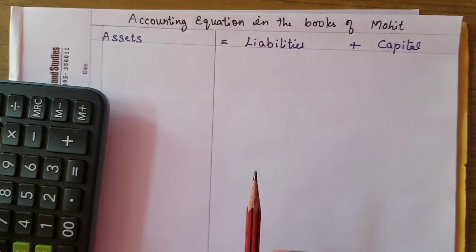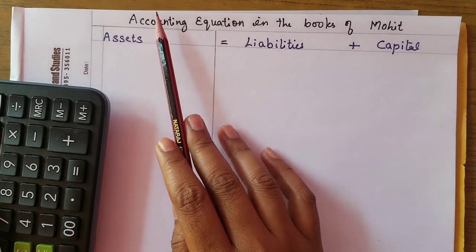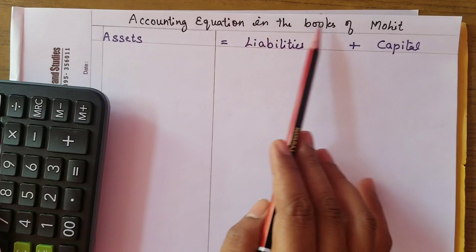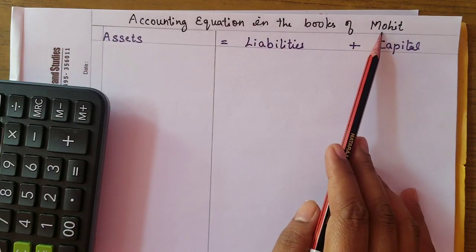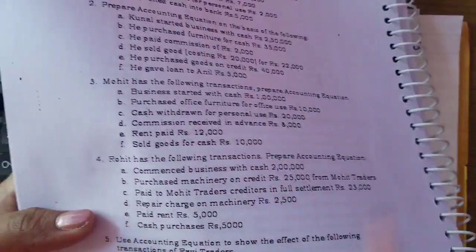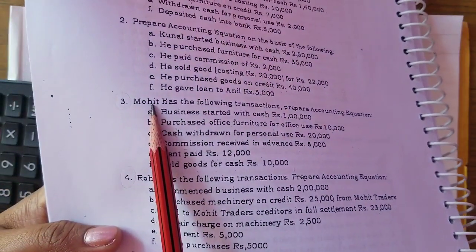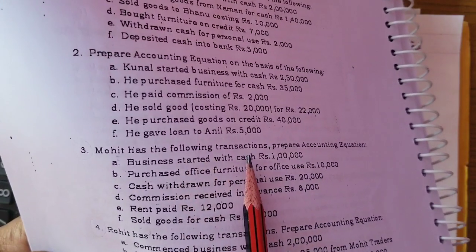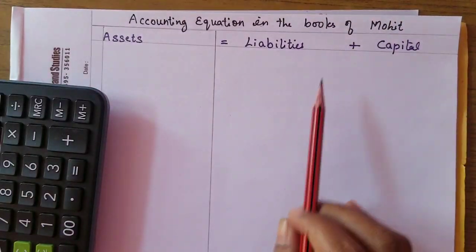Whenever you start a problem, start with the heading accounting equations in the books of Mohit, the name of the owner, whose transactions are given in your question itself. See here they have given Mohit as having the following transactions. So it's in the books of Mohit.